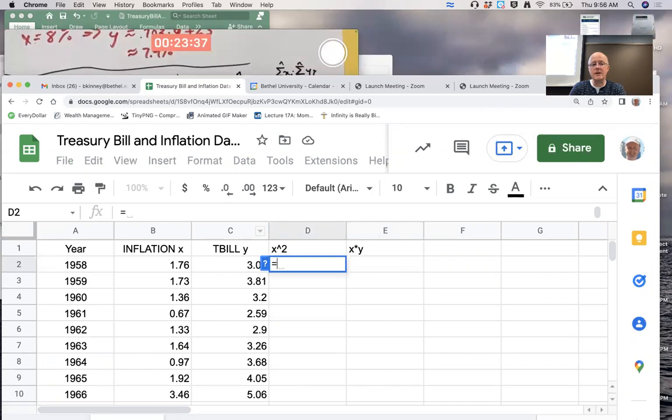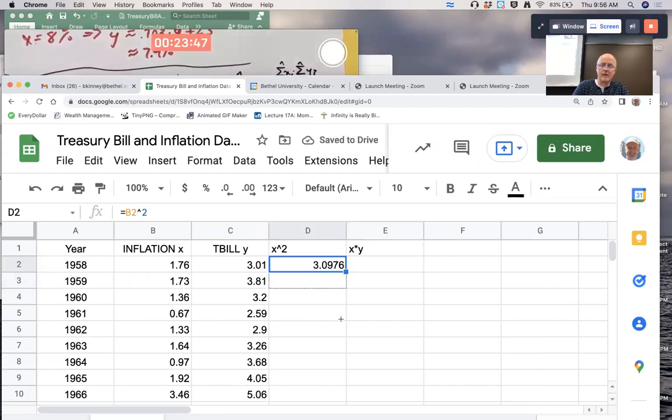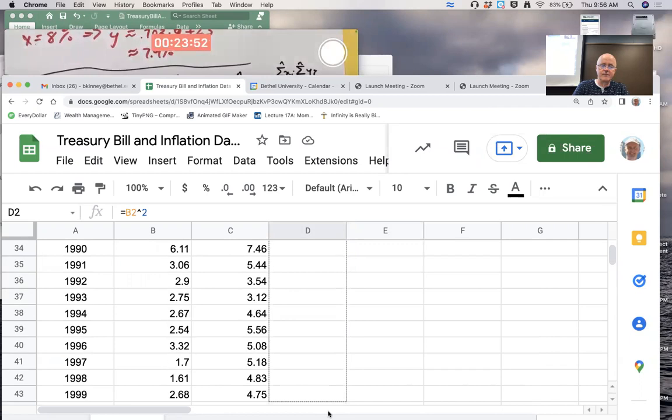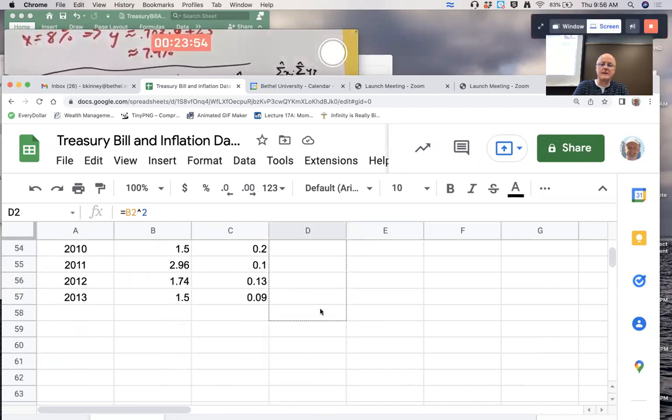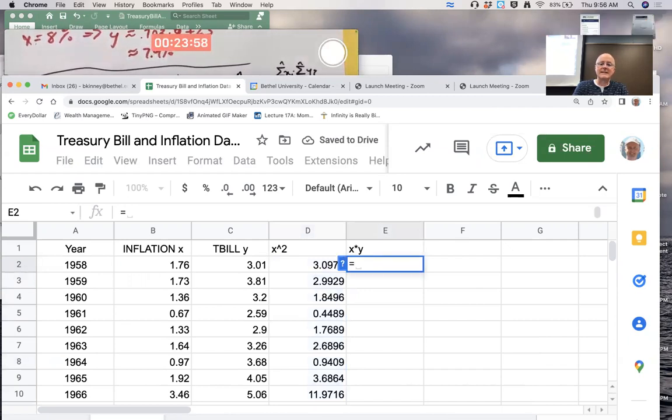In cell D2, I'm going to type equals B2 squared and copy and paste that formula down. Actually, I could have done my copying and pasting with 2 columns at once. In cell E2, I'm going to do equals B2 times C2. Each x gets multiplied by the corresponding y.